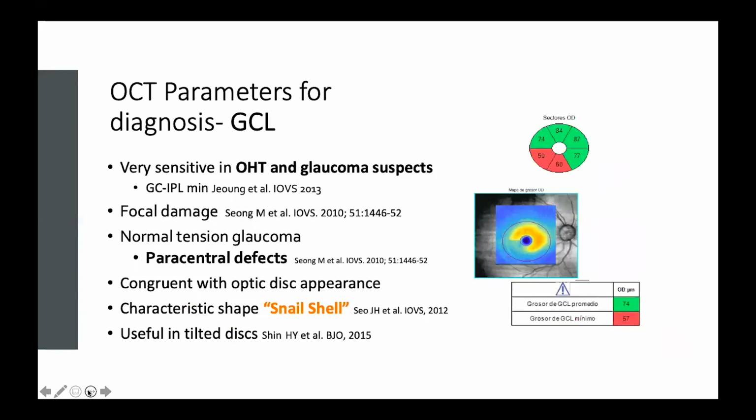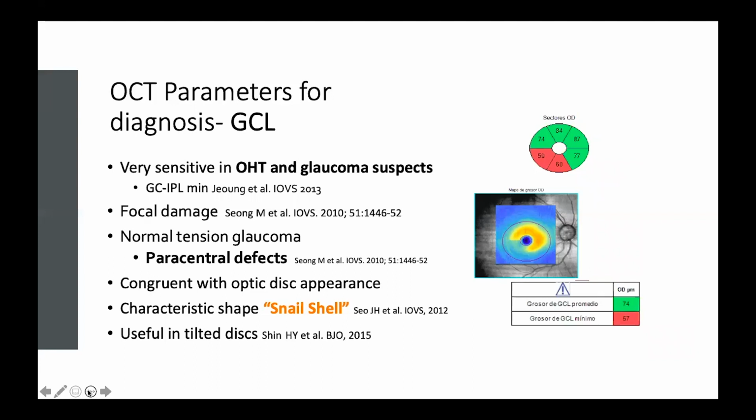And the last but not least would be the ganglion cell layer that, remember, in the Cirrus, we measure together with the IPL. This parameter has been shown to be very sensitive, especially in suspects or in ocular hypertensives. The parameter that changes first is the GC IPL minimum. It's very good at detecting focal damage or paracentral defects that are very characteristic of normal tension glaucoma.